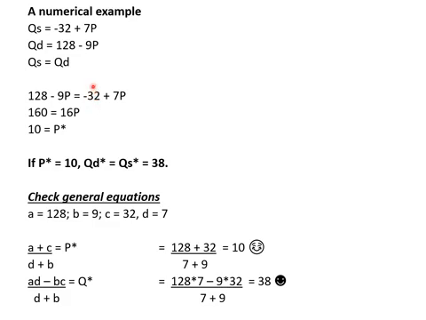And taking 32 across to the left hand side, we're going to have 128 plus 32, so that gives us 160, and we then calculate the equilibrium price of 10, and we can then substitute this value for price of 10 into either this equation up here or this one here. Instead of seeing p, you need to substitute in 10, and you will calculate an equilibrium quantity of 38.